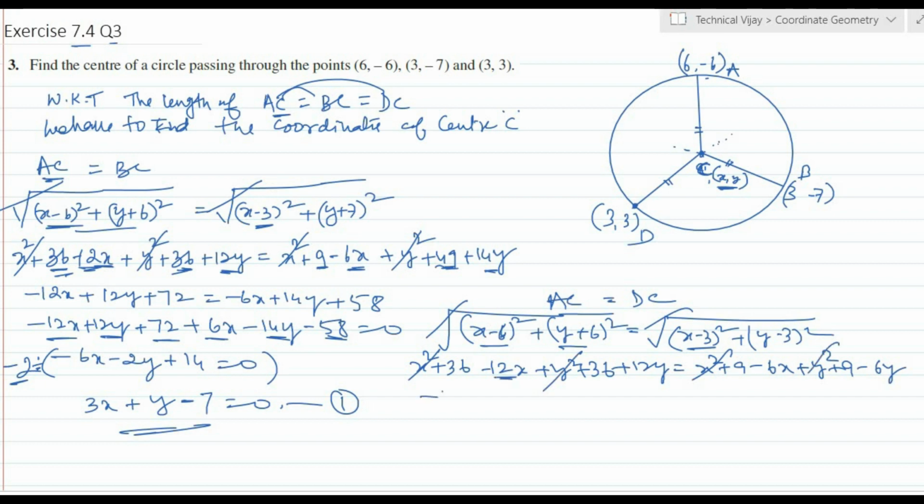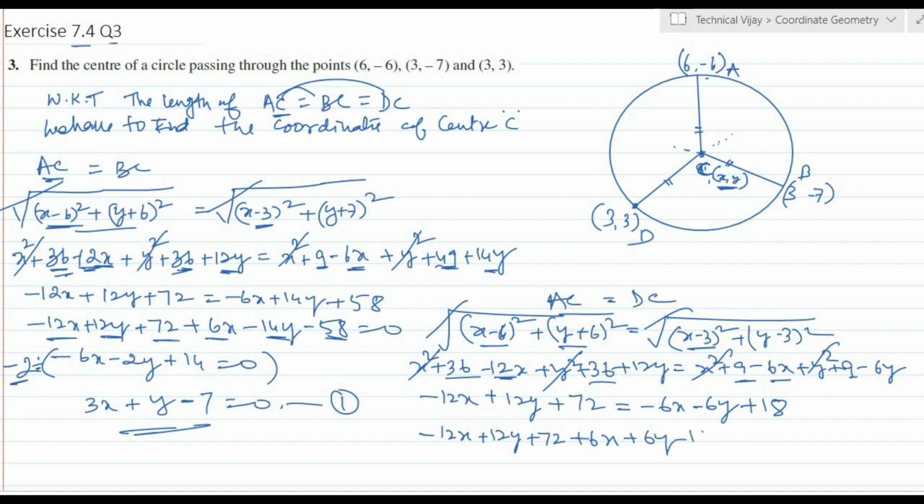Remaining is minus 12x plus 12y plus 72 is equal to minus 6x minus 6y, 9 plus 9 is 18, plus 18.